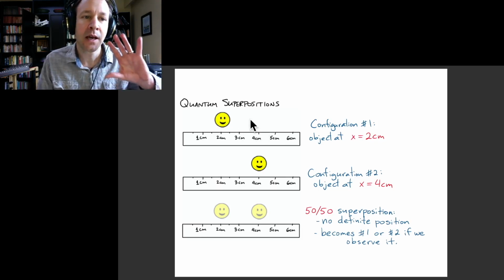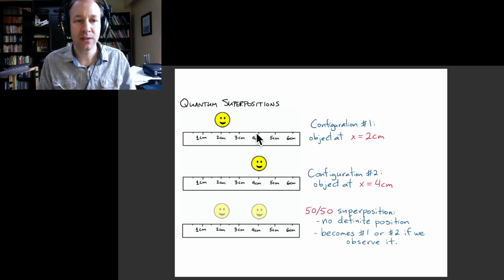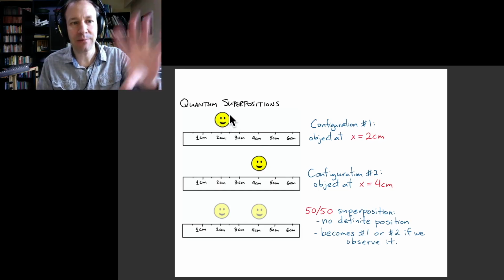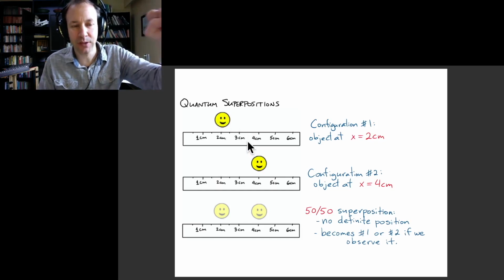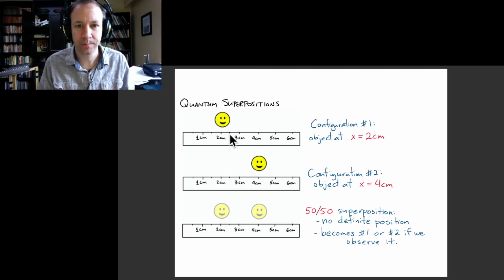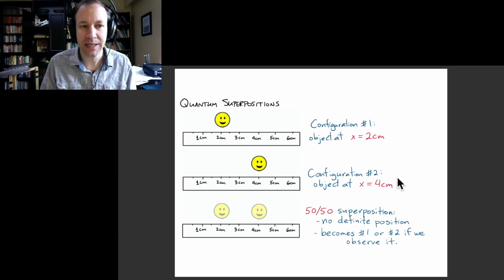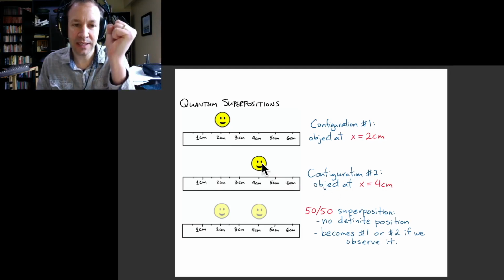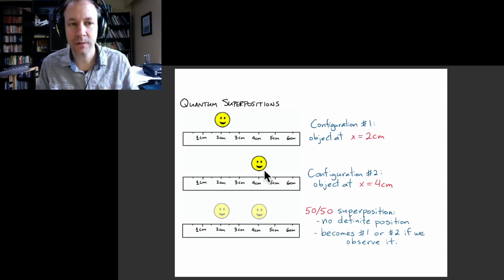And so what I've drawn here on the top is one particular configuration that this physical system could be in. It has the object sitting at position 2 centimeters. Another configuration that our object could be in is the object could be sitting at position 4 centimeters.